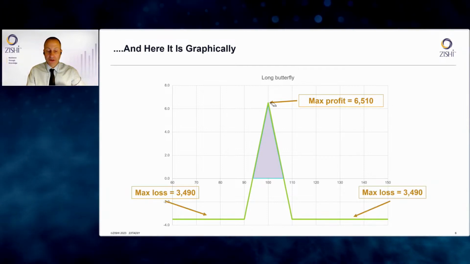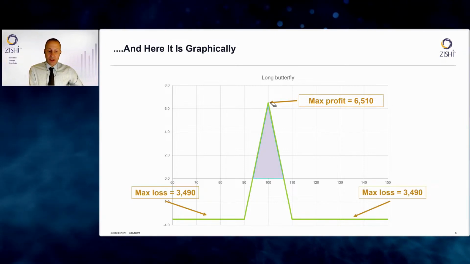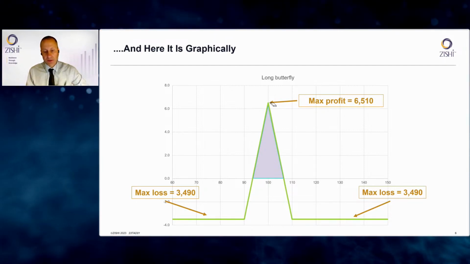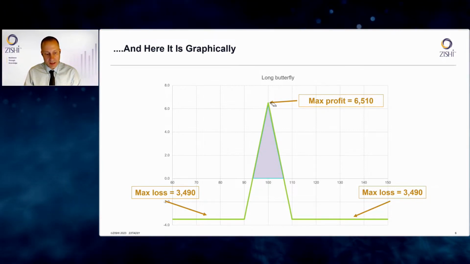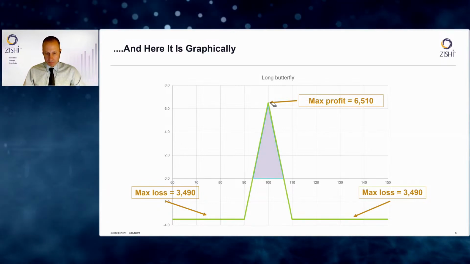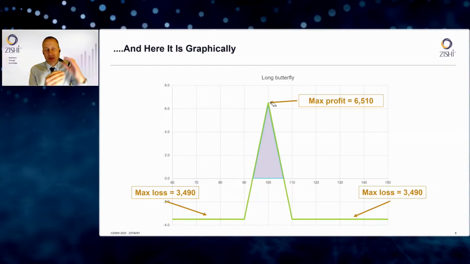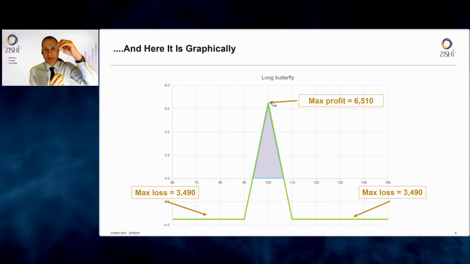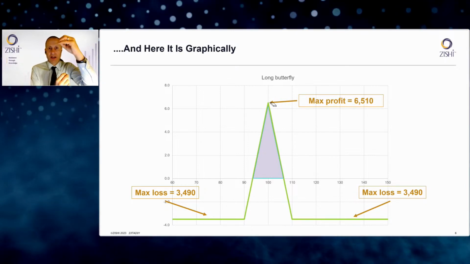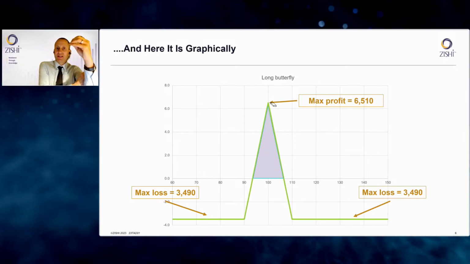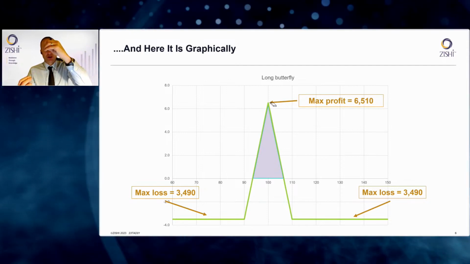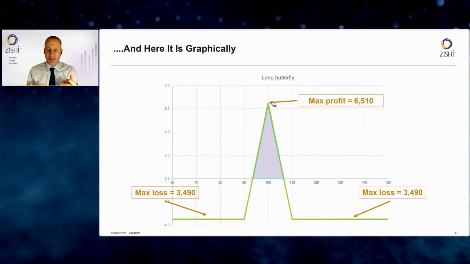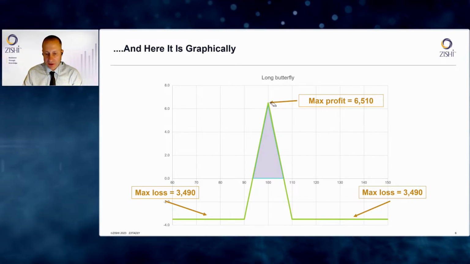My maximum loss, when either we finish below 90 or we finish above 110, is going to be 3,490 real. That's the 10,000 real difference of being short a 100 put and long a 90 put, or being short a 100 call and long a 110 call, minus the 6,510 premium that I've earned up front.